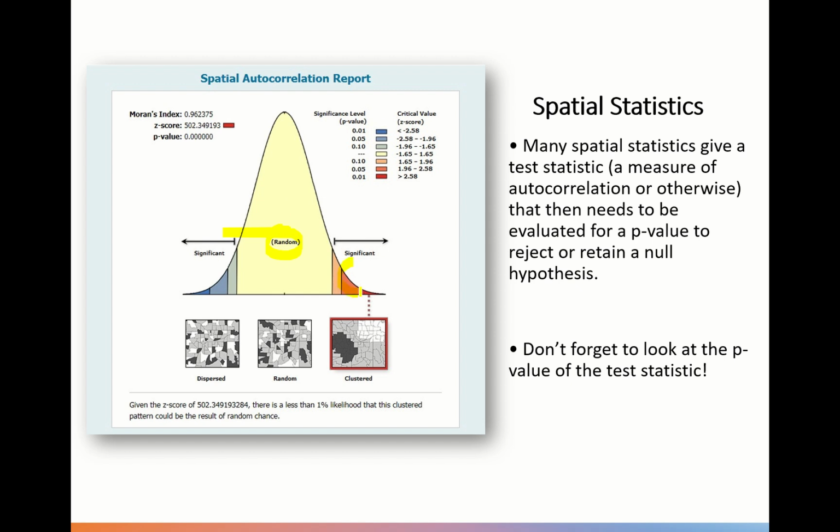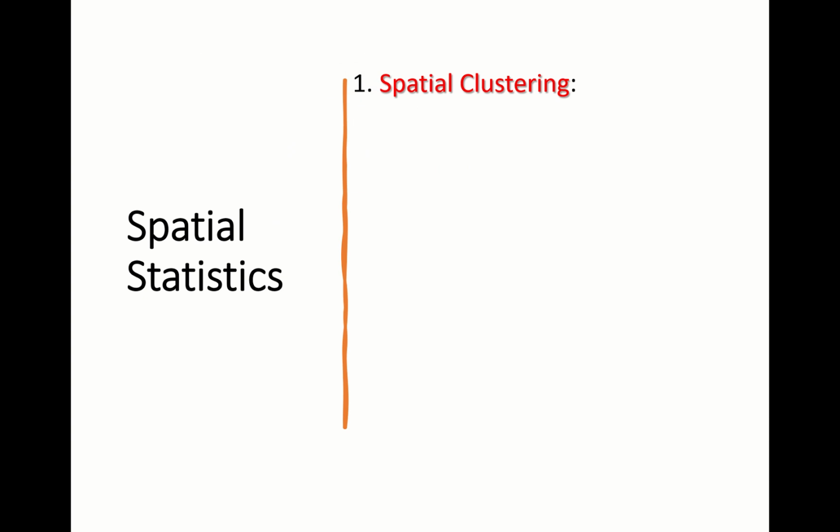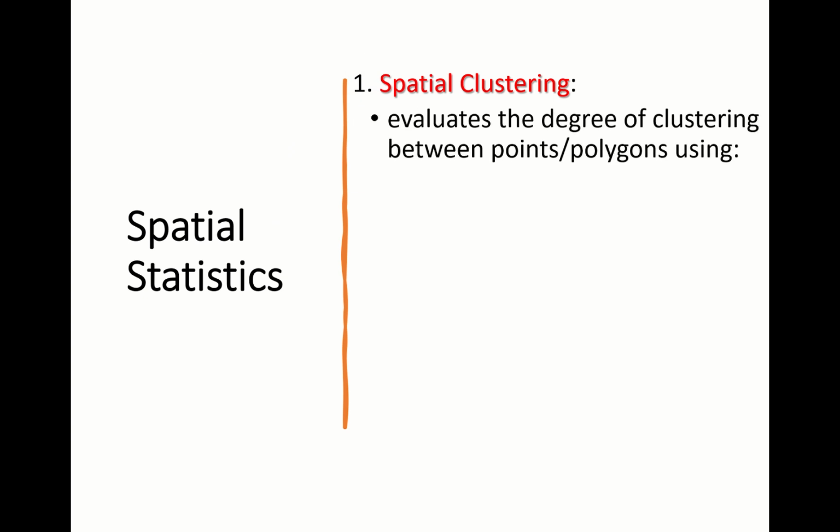As our test statistic gets more and more extreme, we're more inclined to reject the null hypothesis and go with the alternative hypothesis by looking at the p-value. If the p-value is less than our alpha value, we reject the null hypothesis in favor of the alternative hypothesis.